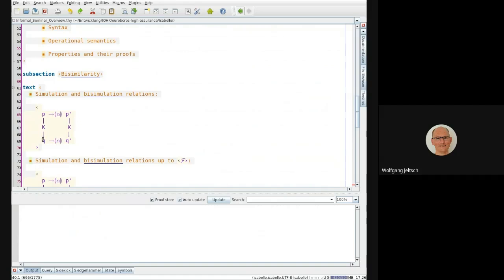So the fact that Q goes to Q prime with the simulating transition is not, in general, of any use for us, because for the next step, we needed to be in the original transition system. So we can connect this only if the simulating transition relation is included in the original transition relation.